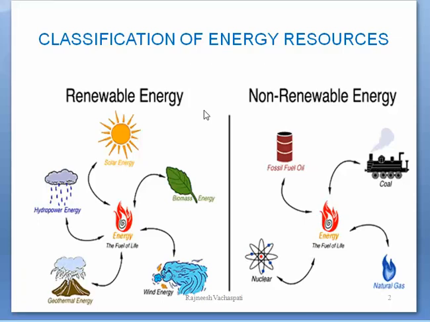Non-renewable or conventional sources of power generation include coal, oil, gas, etc. The solar, wind, hydropower, specifically small, mini and micro hydro power plants, excluding large hydropower plants having a capacity of more than 25 megawatt, come under the renewable energy category.